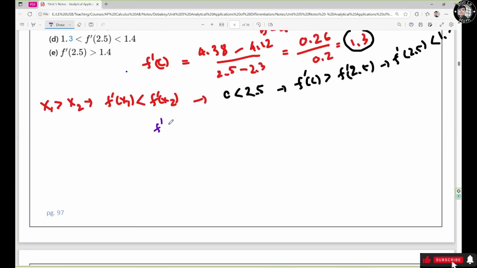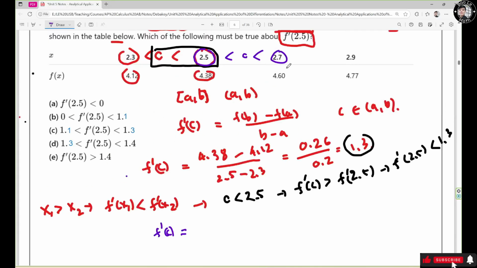So f'(c) is f(2.7), which is 4.6, minus 4.38, over 2.7 subtract 2.5. Alright, so it turns out to be 0.22 divided by 0.2. It's going to be 1.1, right?